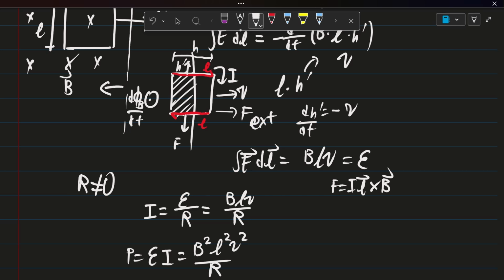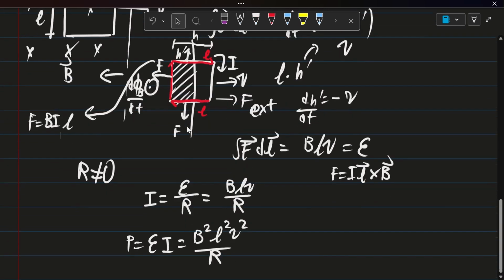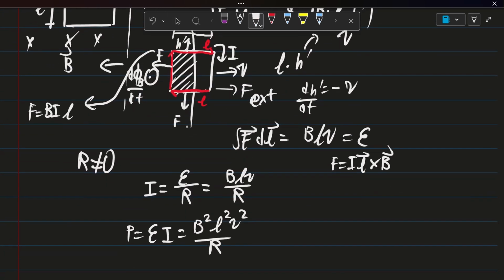Using this direction as our L and your right hand rule, we determine that the force is going in this direction, and the value of this force is BIL. Remember that this length is just a notation from the formula, but in here the length is the literal length from the top to the bottom. So that's the force.